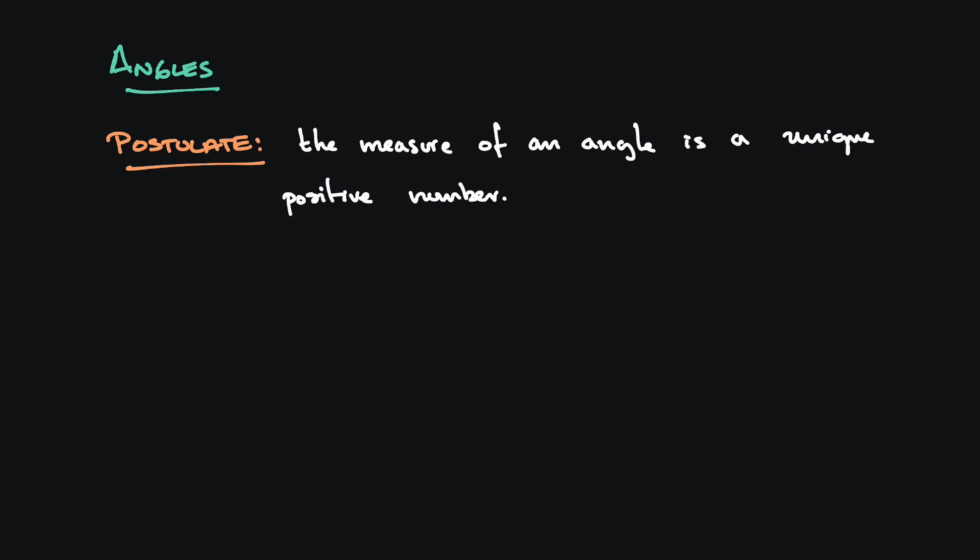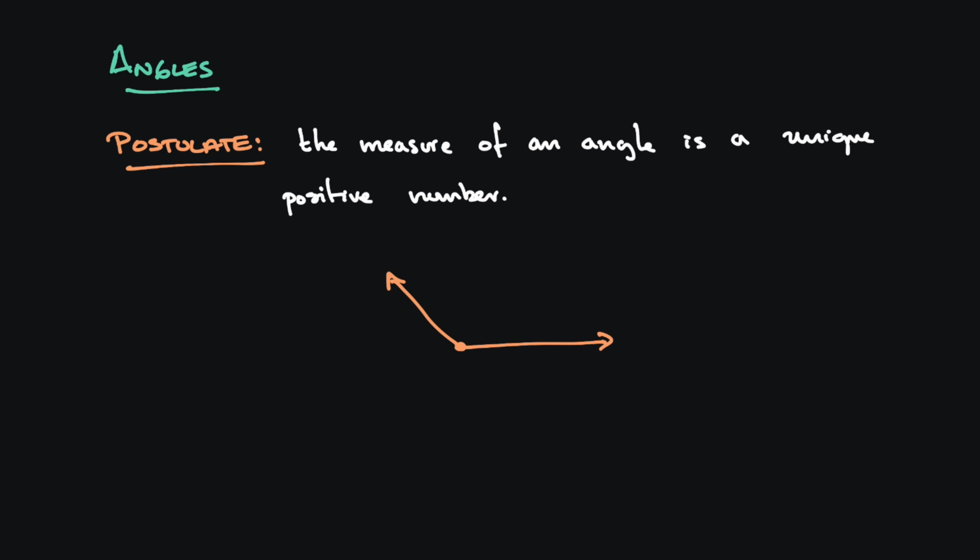Our first postulate when talking about angles is the next one: the measure of an angle is a unique positive number. This is also called the protractor postulate.